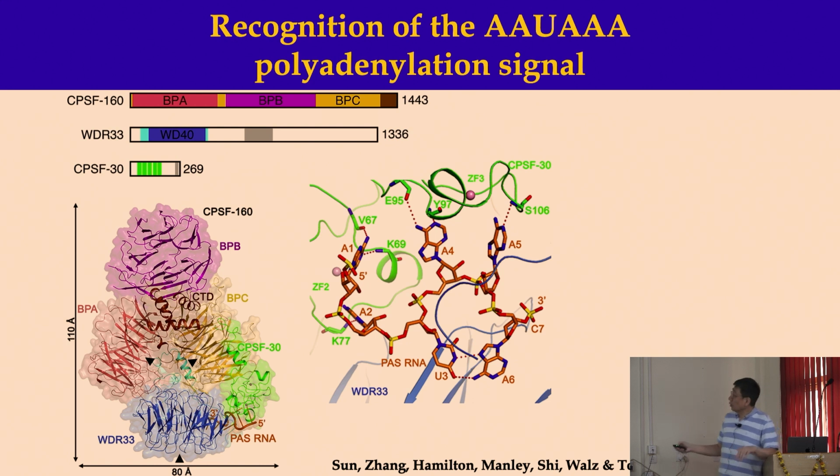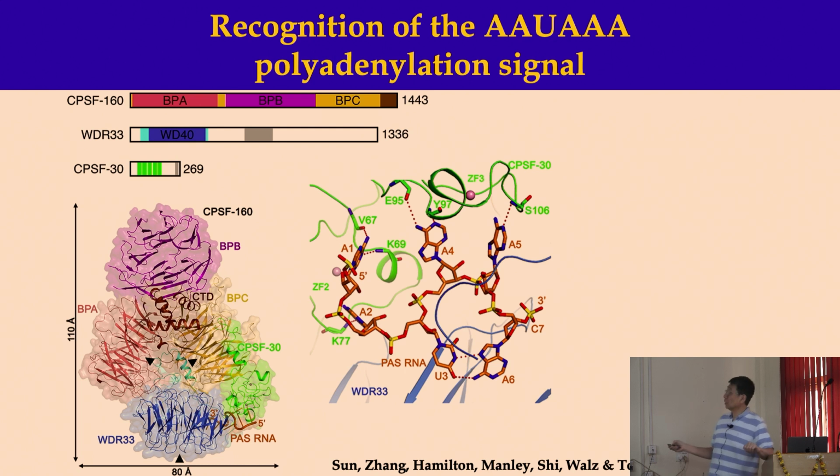And then you can see the A's on the top of the protein. You know about AT base, Watson-Crick base pair, right? AU base pair, AT base pair. They are formed by using the N1 and N6 atoms of adenine. You can see in this case A4, A1, and N1 and N6 both are directly hydrogen bonded to the zinc finger of CPSF30.